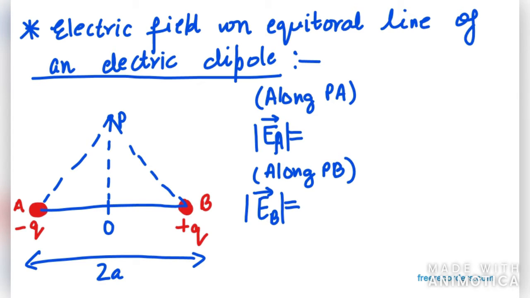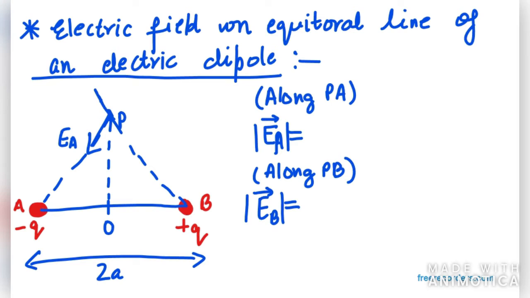Now as you can see, A charge is negative, so the electric field will be radially inwards. So the direction for EA will be radially inwards. Now if we talk about point B, it is a positive charge, that means it will be radially outwards.